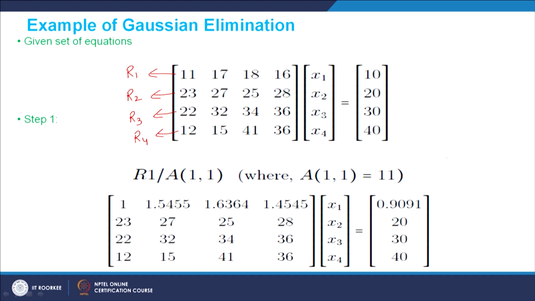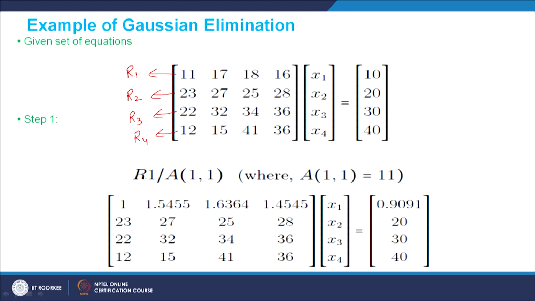Then we take the next one, that is we multiply this row with 22, so we get 122 here, and then we simply subtract this row from this row. So, we get another 0 and these values also get changed.